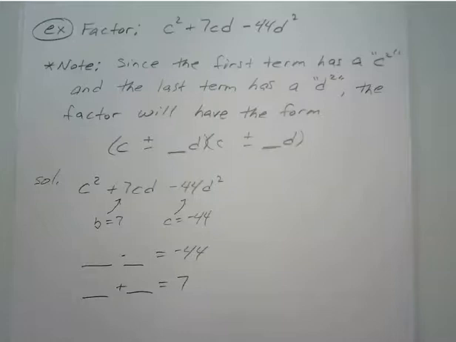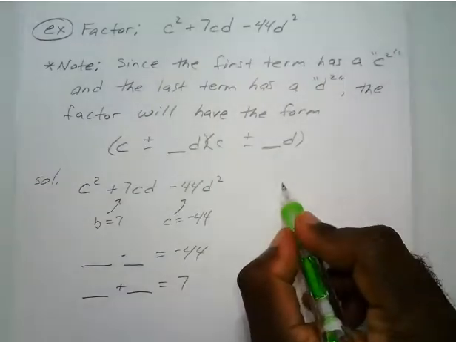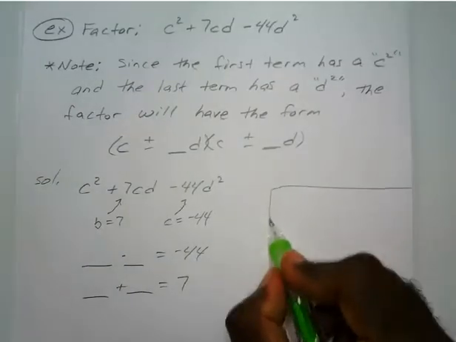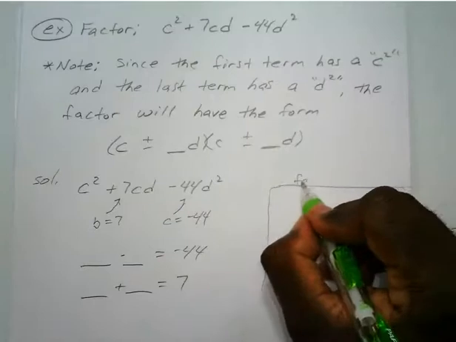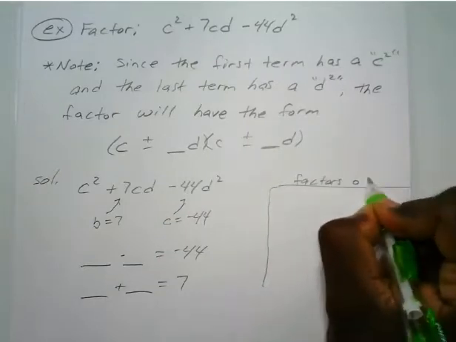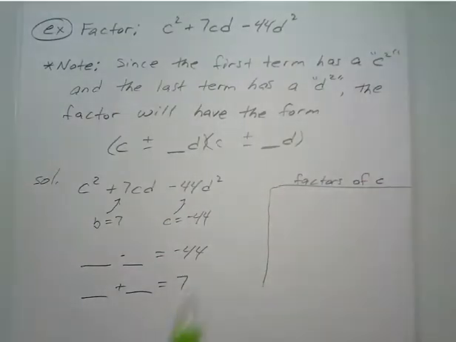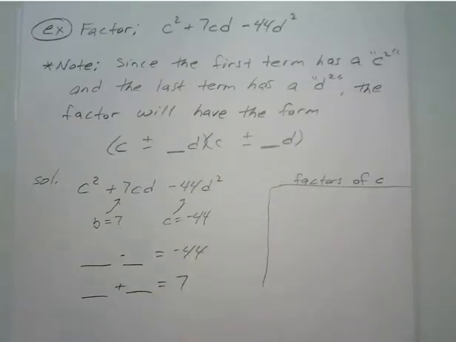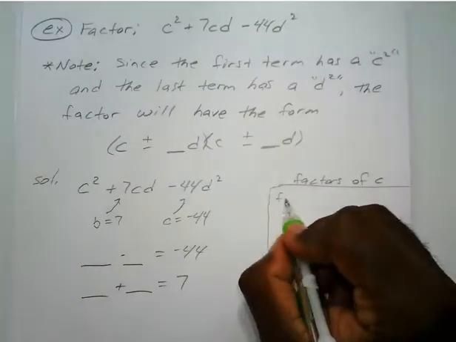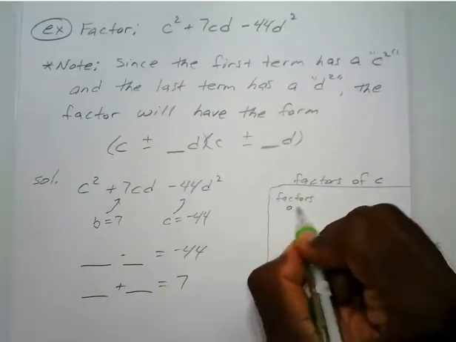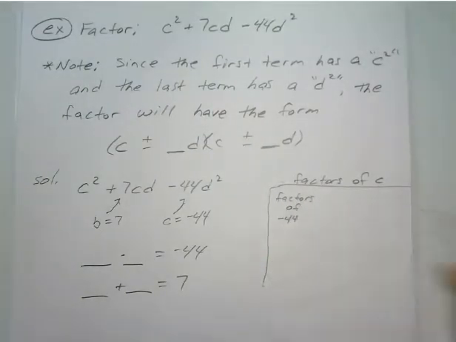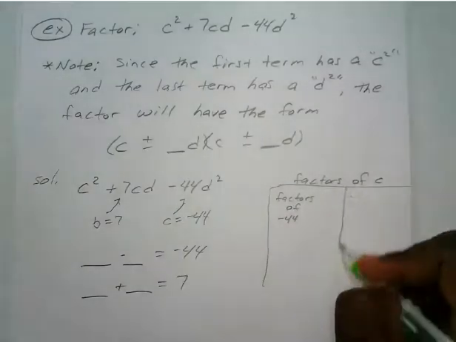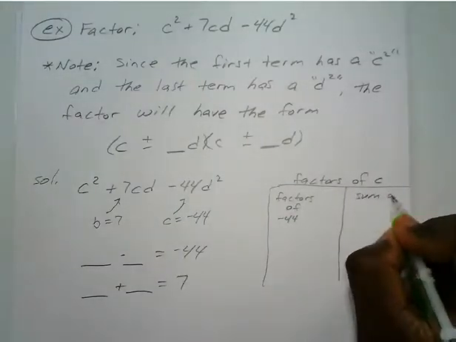Again, if you're ever stuck and you don't know exactly where to get started or which direction to go, always make your little box somewhere and look at all of your factors of c. So we have factors of negative 44, which is the same as factors of positive 44, and the sum of the factors.